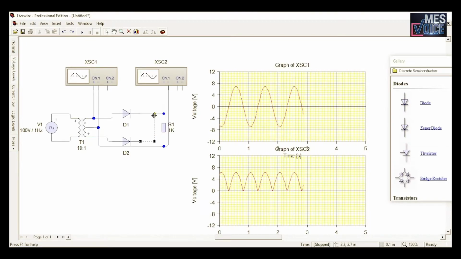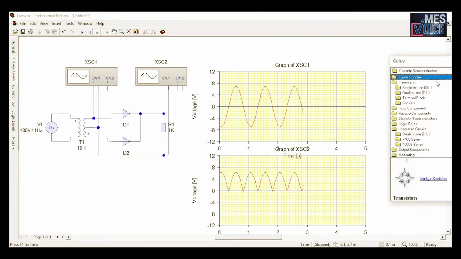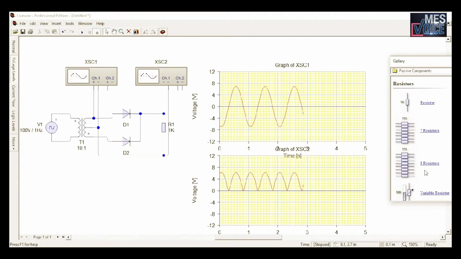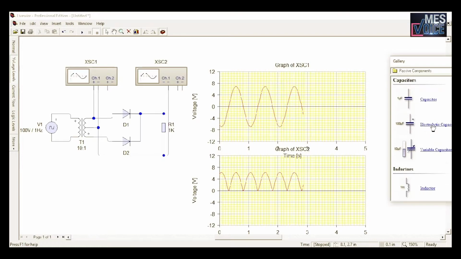giving some space for adding the capacitor. Now we are going to add a capacitor. The capacitor was selected from the passive components, and here is the capacitor, and we are adding the capacitor at the output, just parallel to the load resistor.